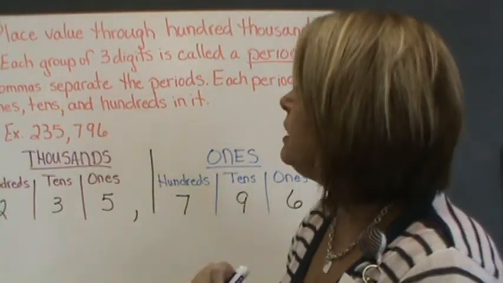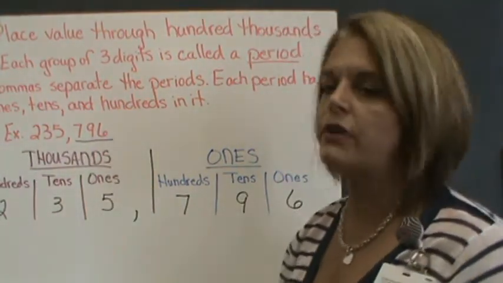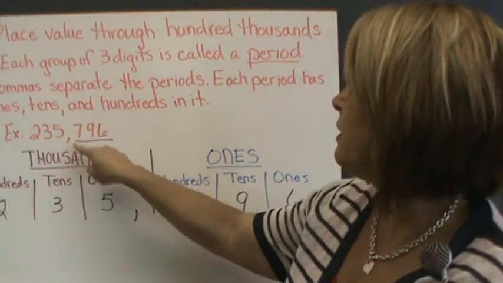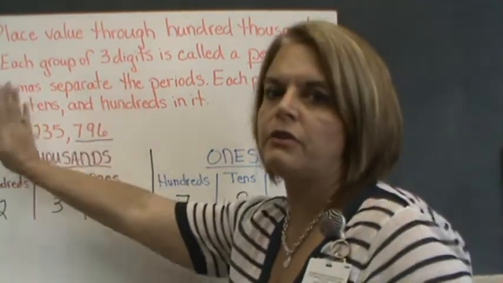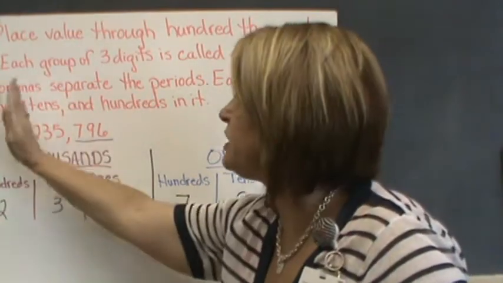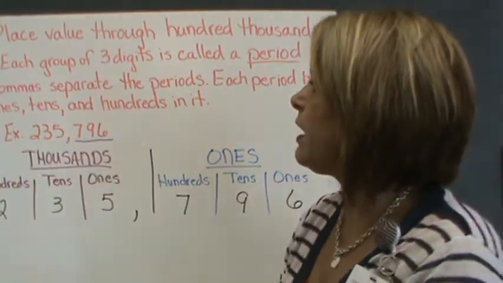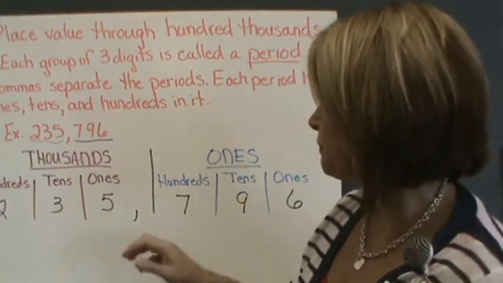So if I look at just this number, 796, I know my ones, my tens, and my hundreds. Well, then there's this comma that tells me there's another set of digits on the other side of this comma, and I see 2, 3, 5. This is another period of numbers.